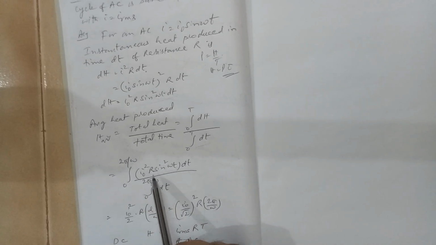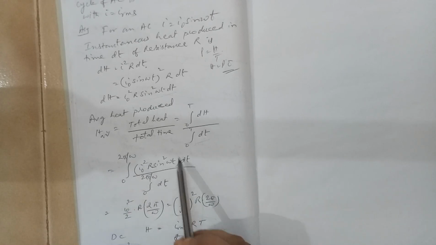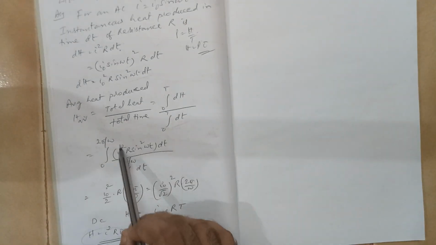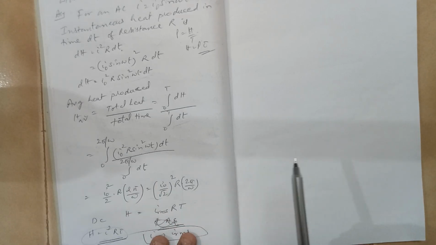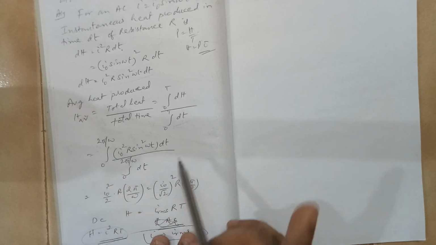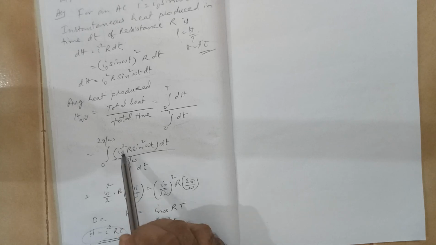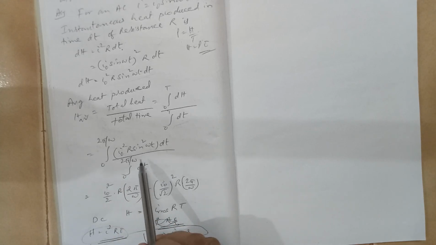Remember, whenever you get this type of expression, I0 square R sine square omega t over the full time cycle, this value becomes finally half. This we have done in the previous derivation also. As a shortcut you can remember, you get I0 square R sine square omega t. This sine square omega t format you get, but the cycle has to be full. You get finally 1 by 2 value. So I0 square R divided by 2, and in the denominator there is 2 pi by omega.